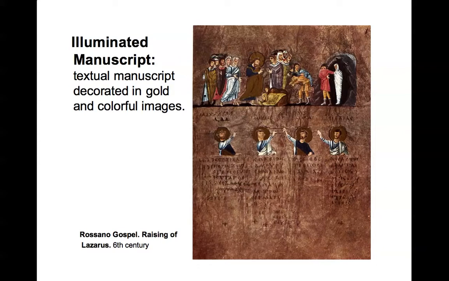So here we have the raising of Lazarus on the top, and you can see the story, right? Here's Lazarus coming out of the tomb and Jesus with this halo. But underneath you have Old Testament figures. The prophets Isaiah, Hosea, and King David are pictured. King David gets to be pictured twice. And they're under the narrative, and they're speaking quotes from Psalms, Hosea, and Psalms and Isaiah.